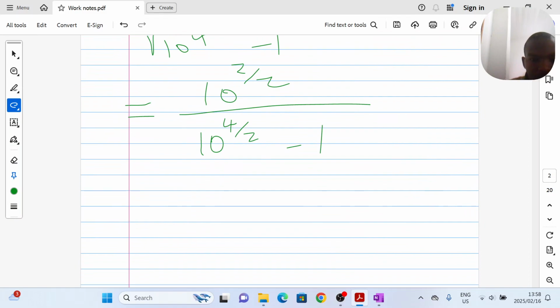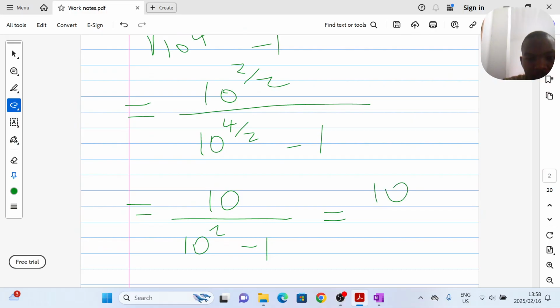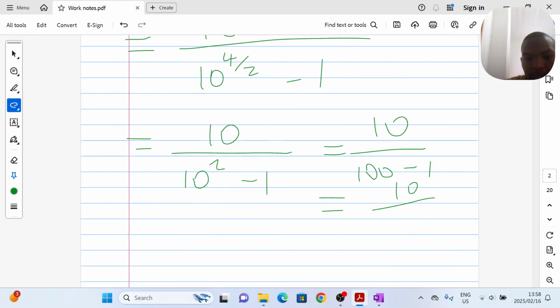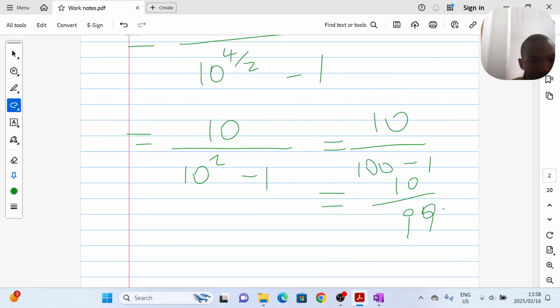If you look closely, 2 divided by 2 is 1, so you're going to have a 10, and then here you're going to have 10 to the power 2 minus 1, which is the same as 10 divided by 100 minus 1, which is just equal to 10 divided by 99. That's how you solve this one problem. It's not that hard at all.